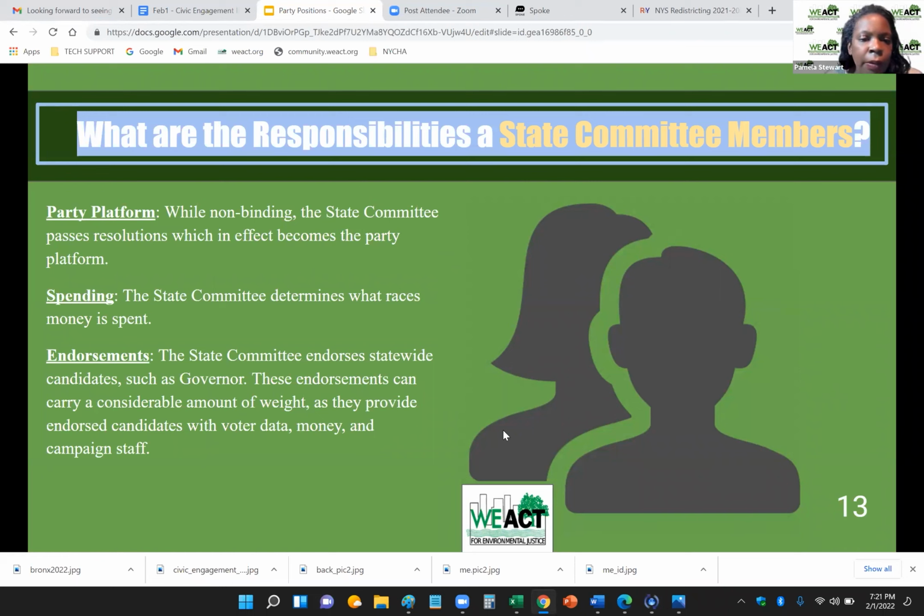They also endorse statewide candidates such as governor, AG, controller, those kinds of races. And those endorsements carry a considerable amount of weight because they're providing the candidates with voter data, money, and in some cases, campaign staff.